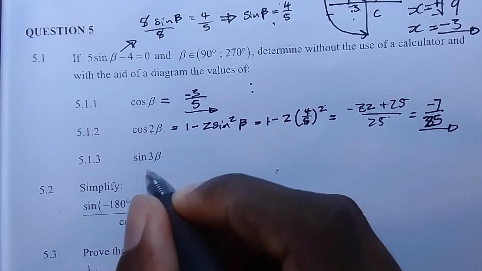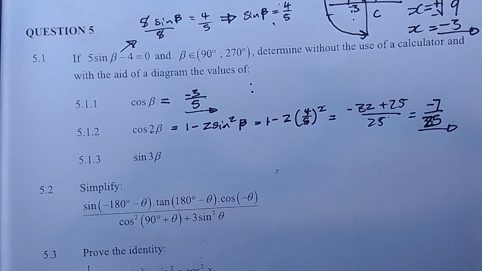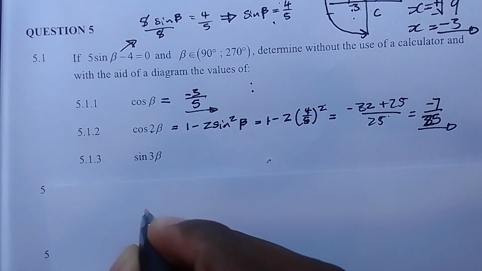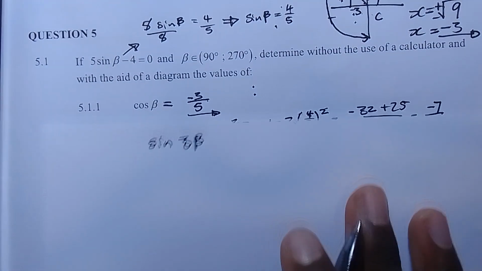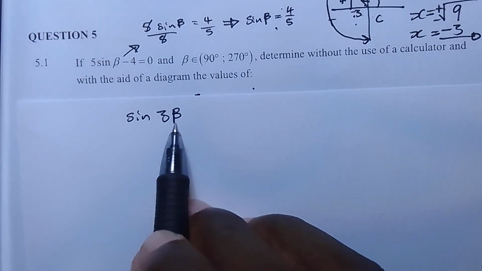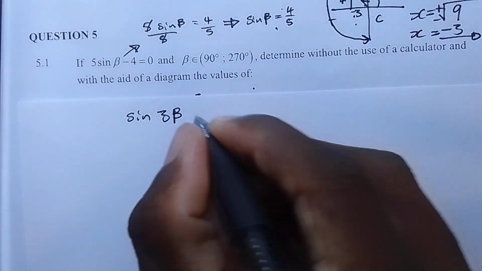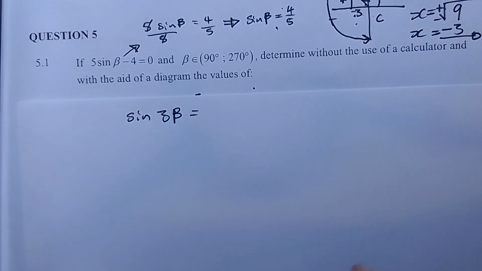Now let's come to this one. This one is going to take a bit longer. Let's get a paper. So it's sine 3 beta. Let's try to simplify this such that it doesn't have any multiple of an angle.